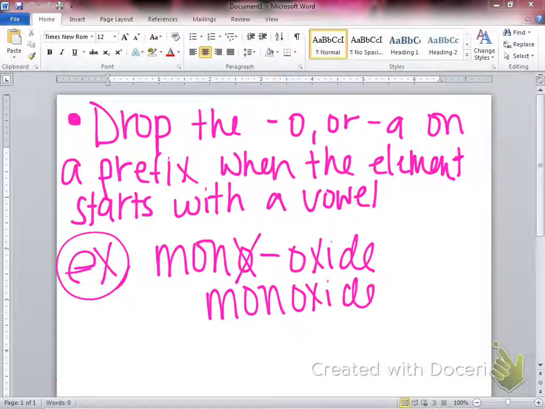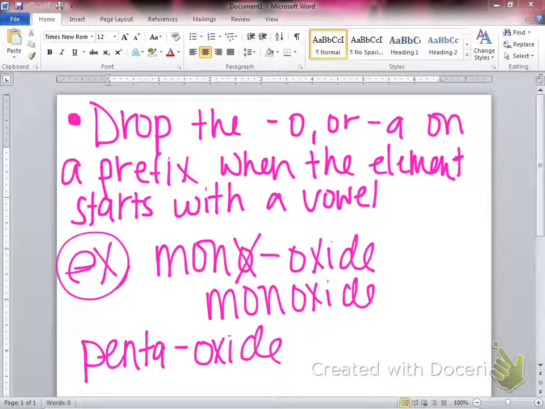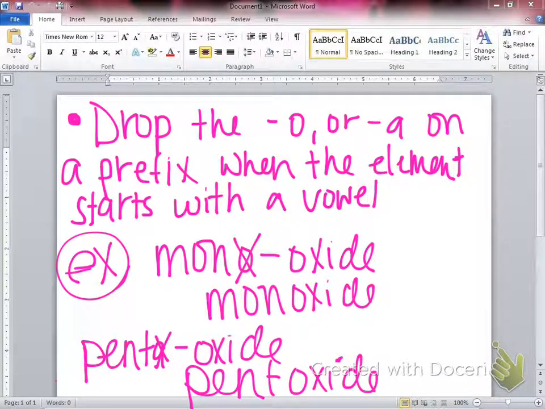Same if we were looking at pentaoxide, we drop that A and we're left with pentoxide. Okay, so we only drop that last vowel if our element begins with a vowel. And that's just kind of a speaking or a grammatical rule, but that's what we have to follow.